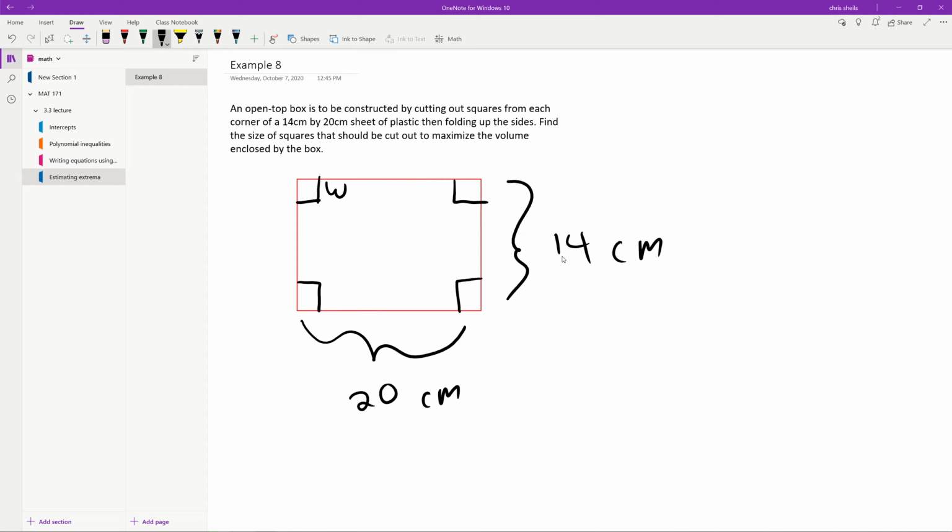Then what remains here after I cut out these squares is 20 minus 2w on this side, and on this side, I have 14 minus 2w.